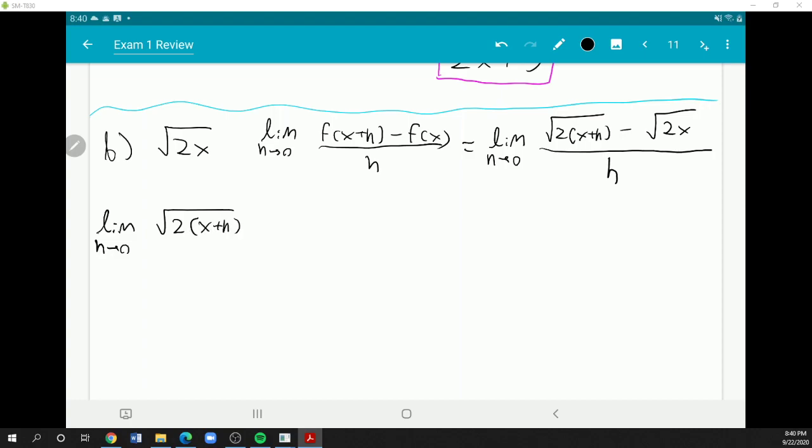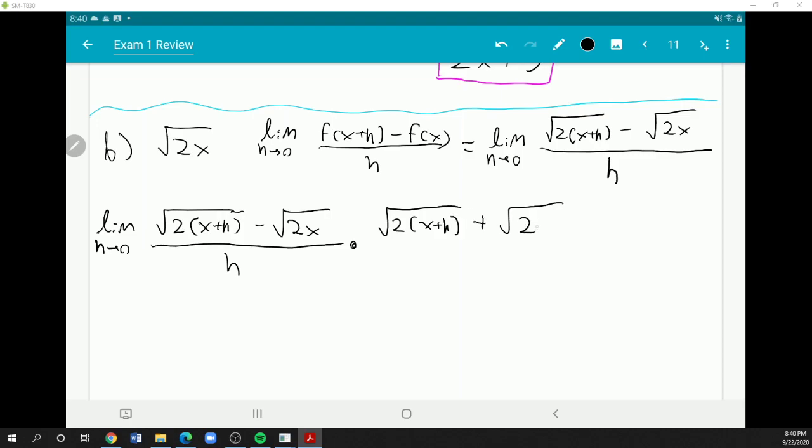We multiply by the conjugate. Sorry for the long pause there. I was copying down. So we get square root of 2(x plus h) plus root 2x, divide by the same thing down bottom.